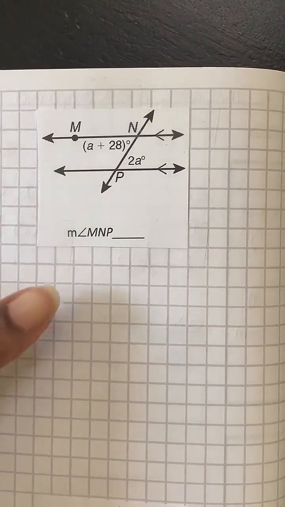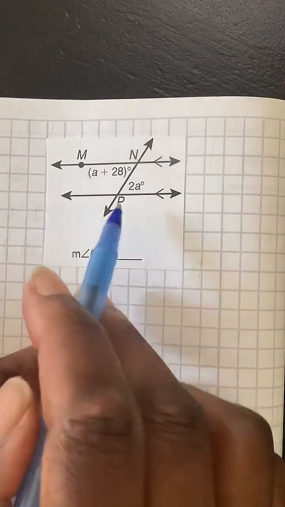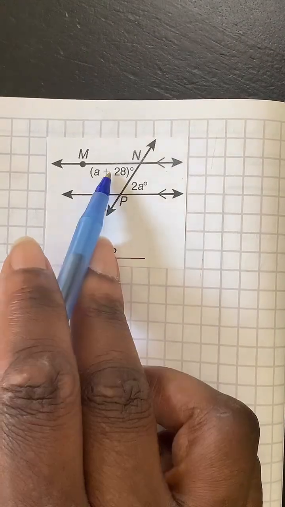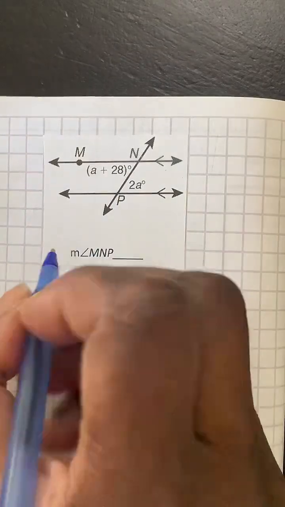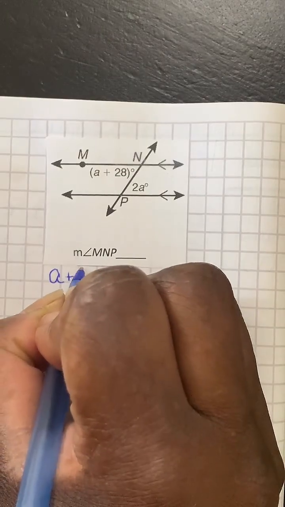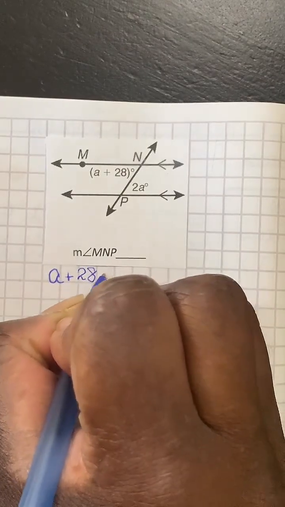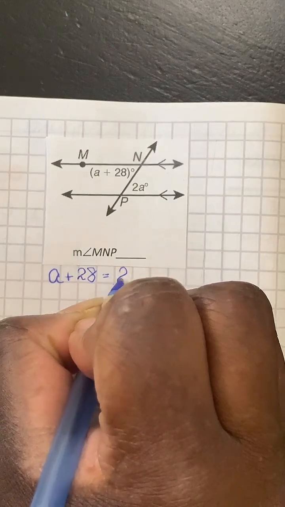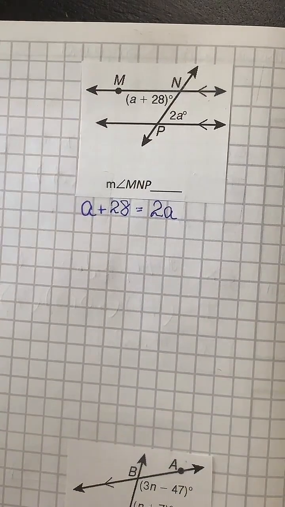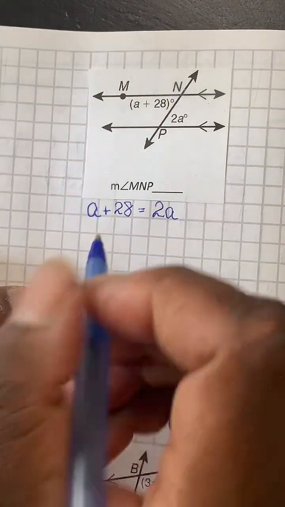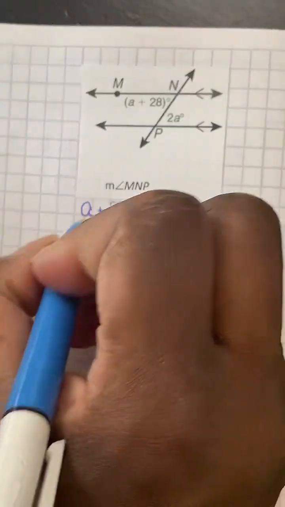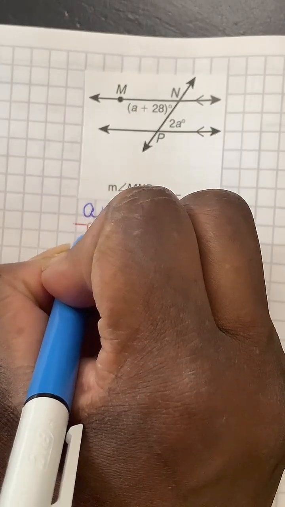So, actually, they're going to be equal to each other. Since they are alternate interior angles, they're going to be equal to each other. So we have A plus 28 equals 2A. Now that we have it set up, if I want to, I could subtract A from both sides.